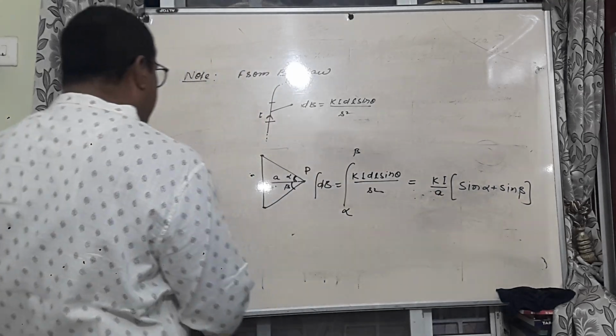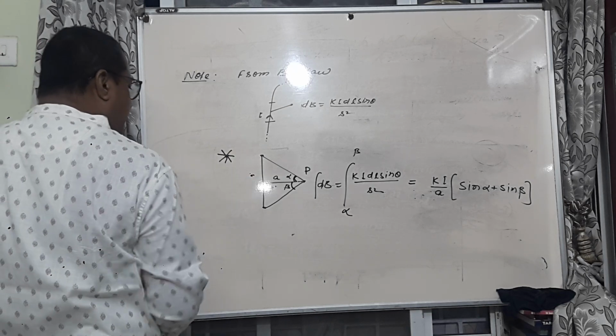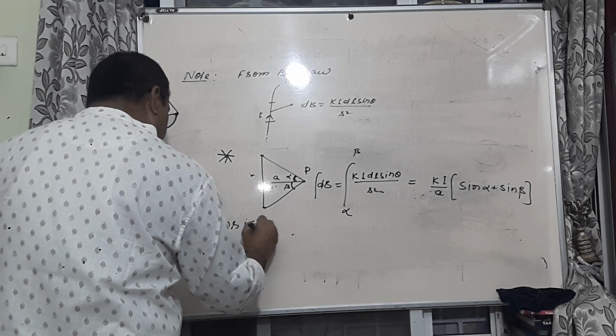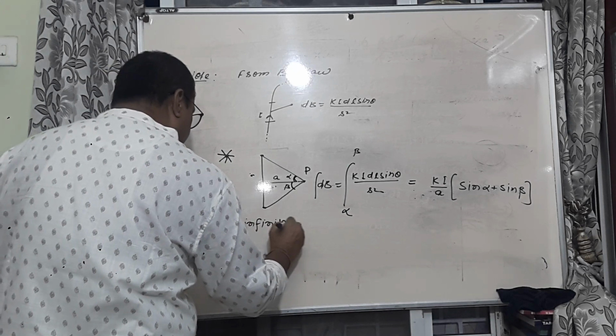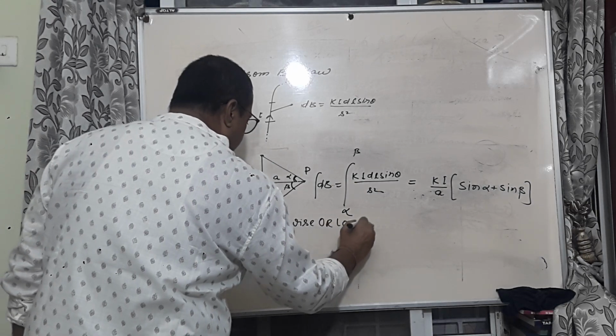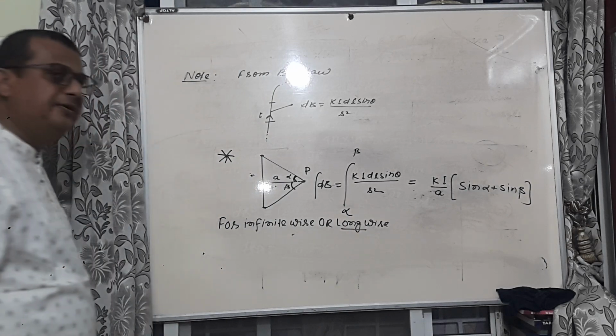If there is an infinite wire, or a long wire, generally a long wire indicates an infinite wire.